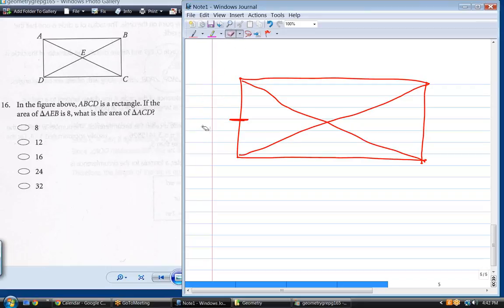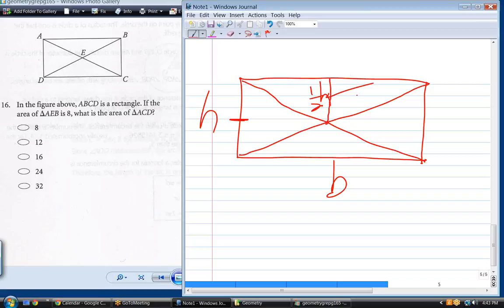Oh, okay. And since the area of the entire rectangle is the base times the height, then the area of that part of it is a triangle that has a base of B and it has a height of 1/2 h. In other words, this distance right here is 1/2 h.